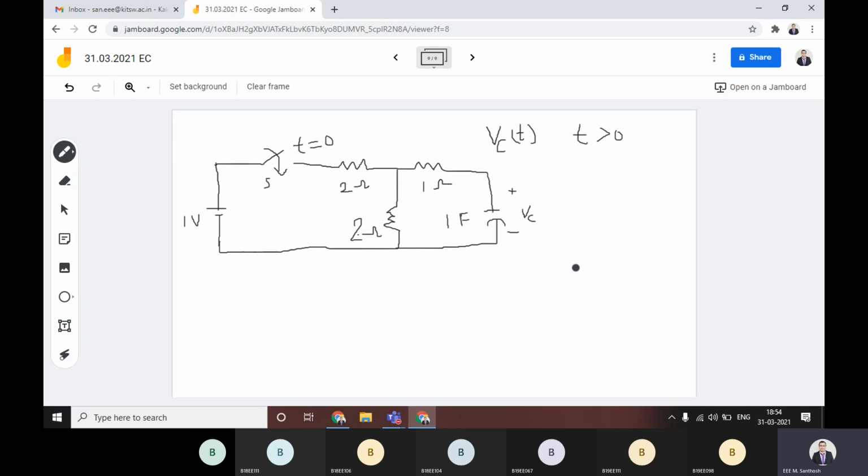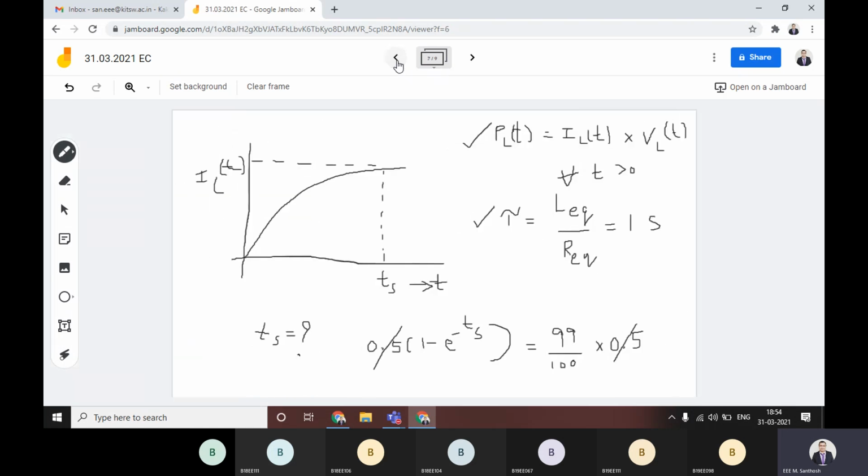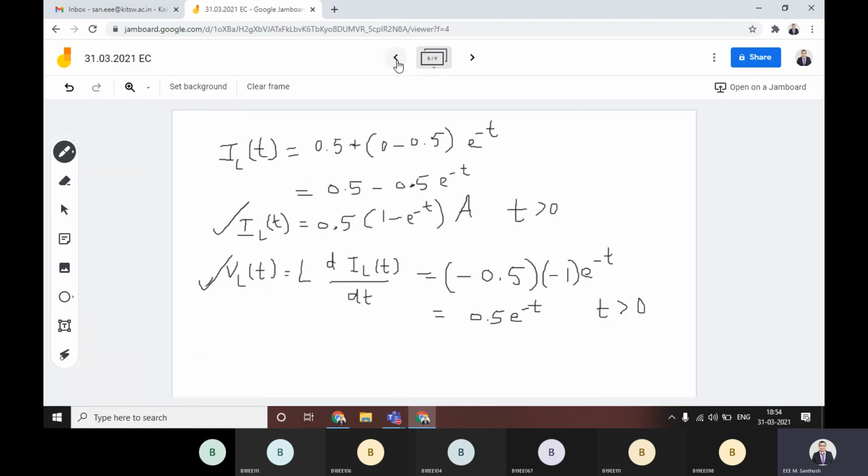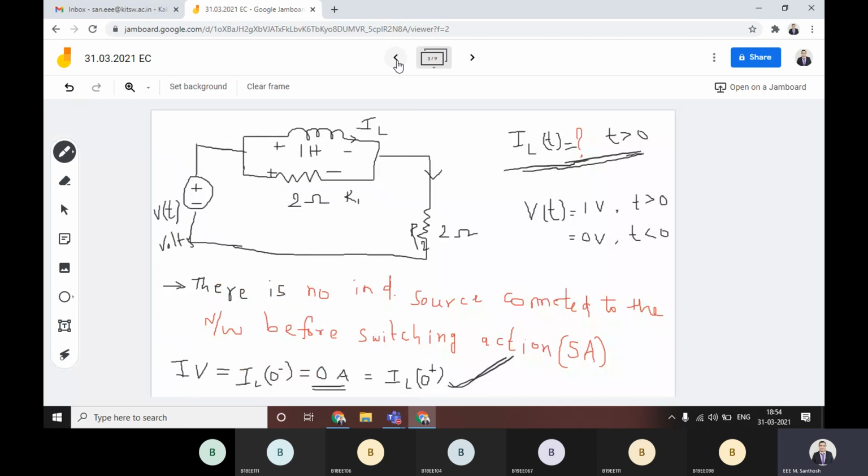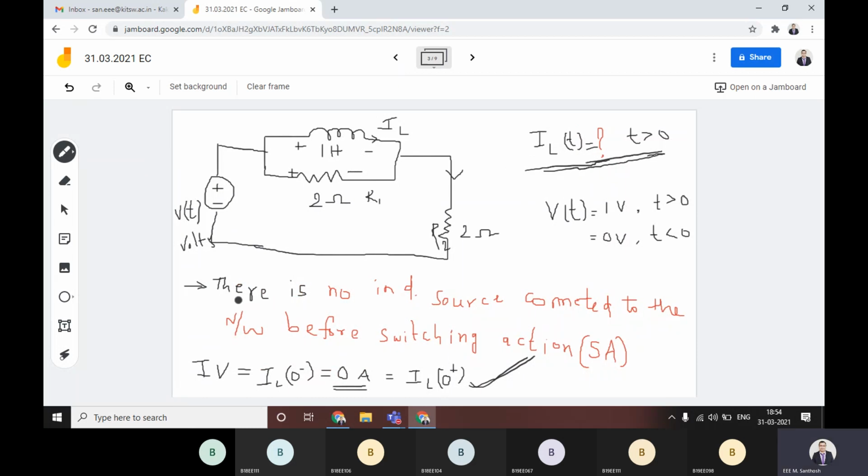What are you understanding from this? That means there is no independent source connected to the network before the switching action. This is the point you have to understand. Are you getting it? Is it okay?